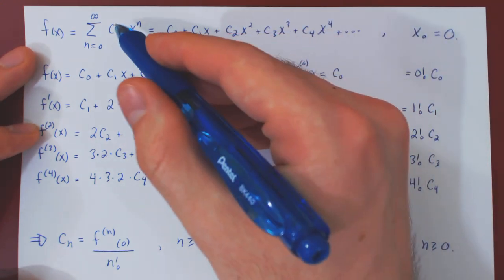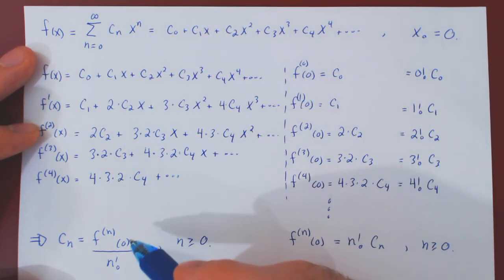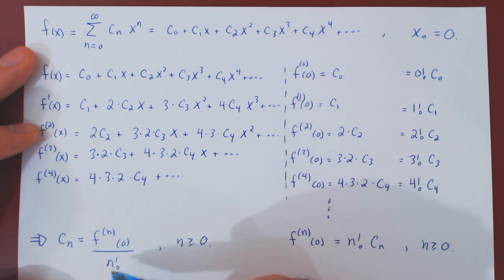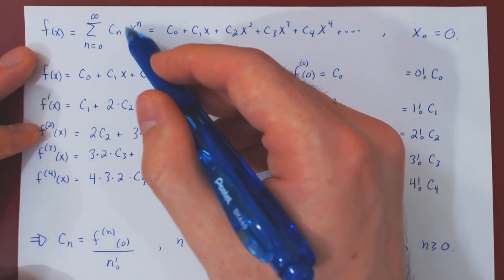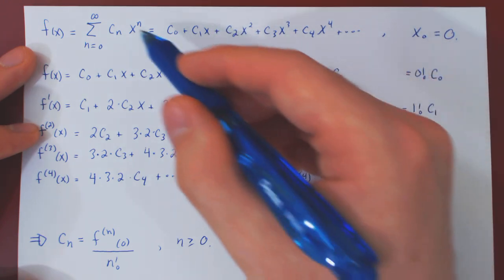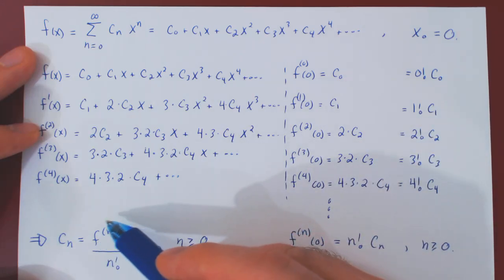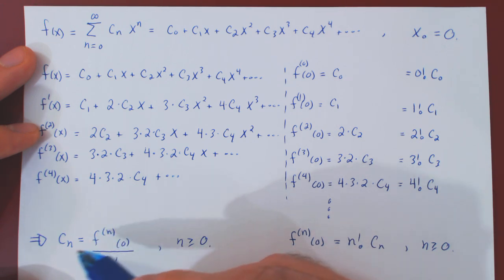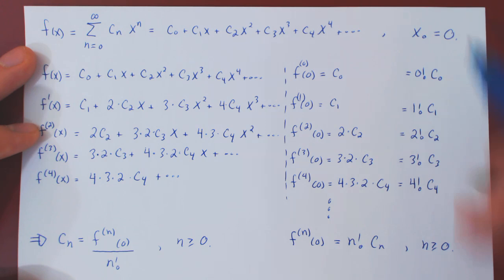So now let's replace in the initial series expansion Cn for its formula, being the nth derivative of the function at 0 over n factorial. And so you see, to find the coefficients of a power series expansion for a function, all you must do is find the coefficients, at least where the center is 0, and evaluate all higher derivatives at 0, and divide by the index factorial. So the nth derivative at 0 over n factorial will give you the nth coefficient of the power series expansion of f of x, where the center is 0.